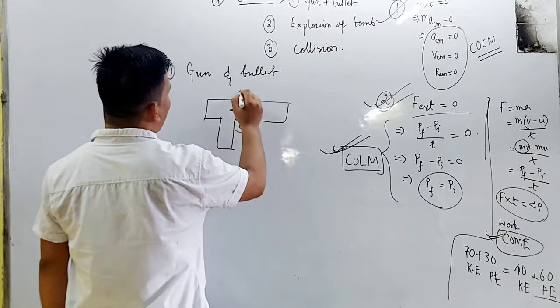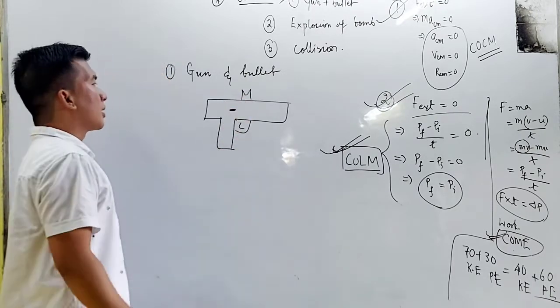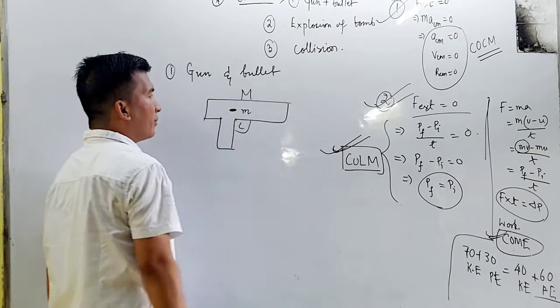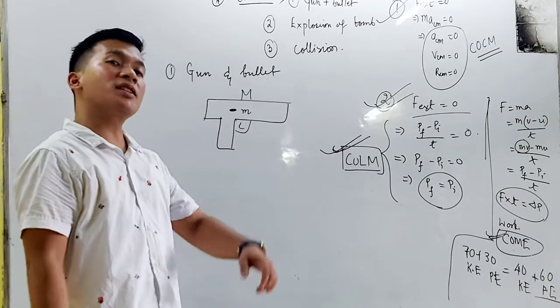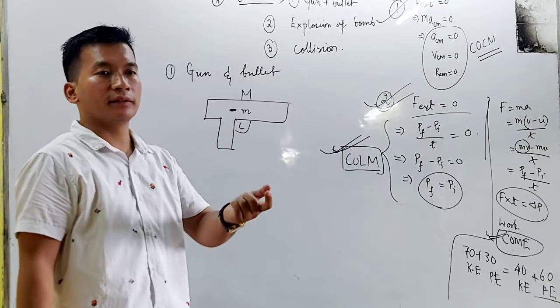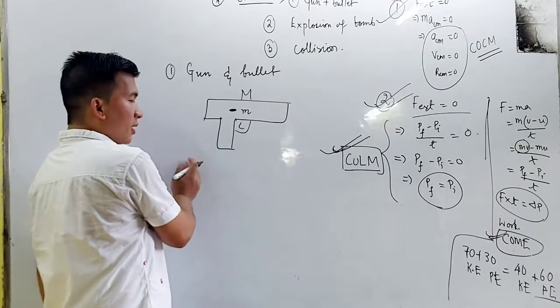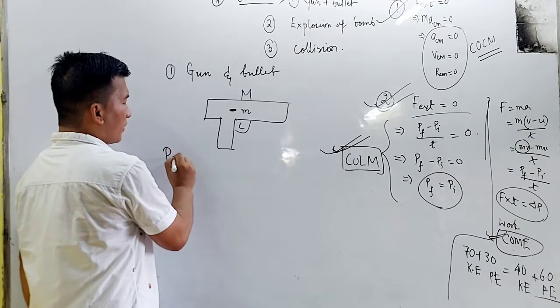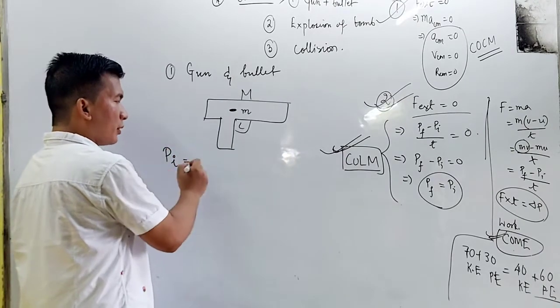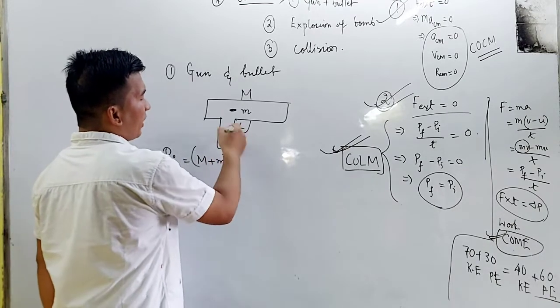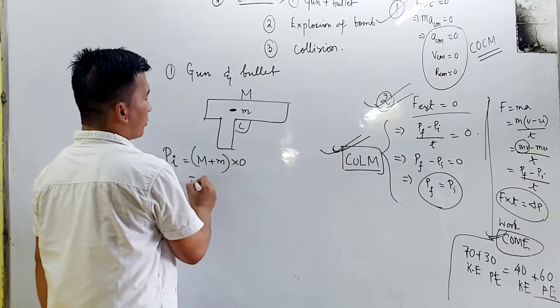Let us consider the mass of the gun to be capital M, and the mass of the bullet to be small m. What is the total momentum before firing? Zero. Here, total momentum before firing will be zero. That is, capital M plus small m, initially at rest, so it will be equal to 0.